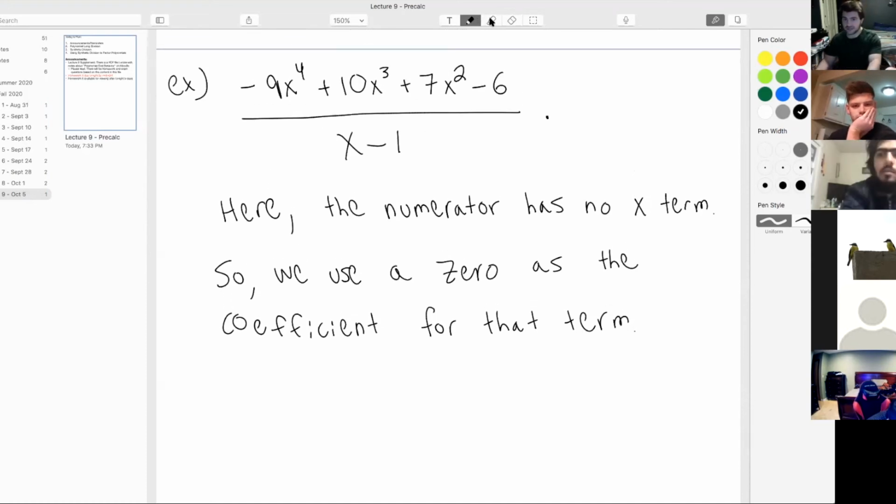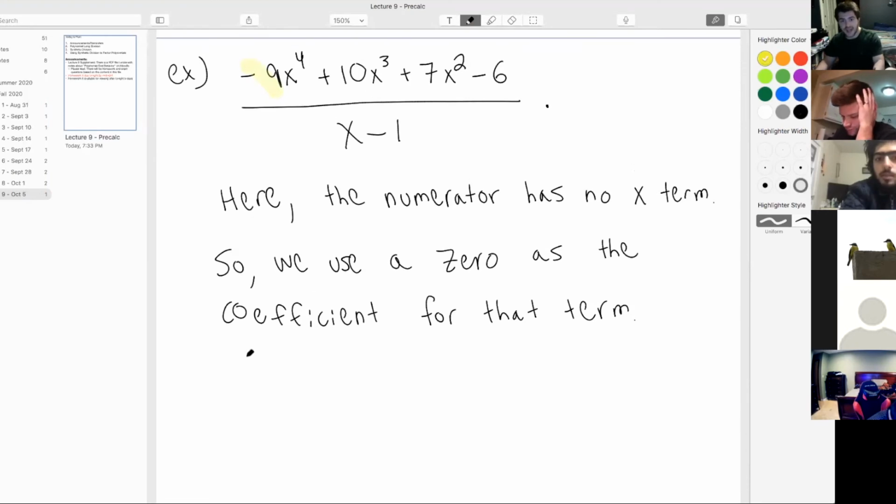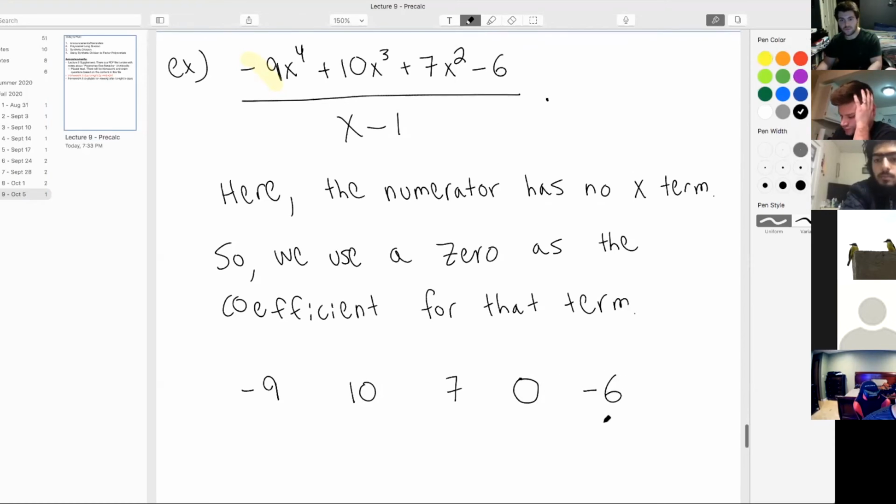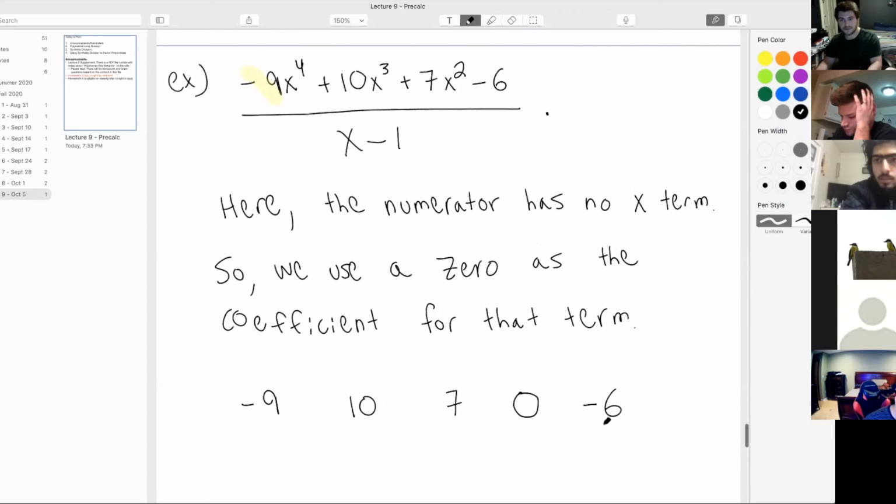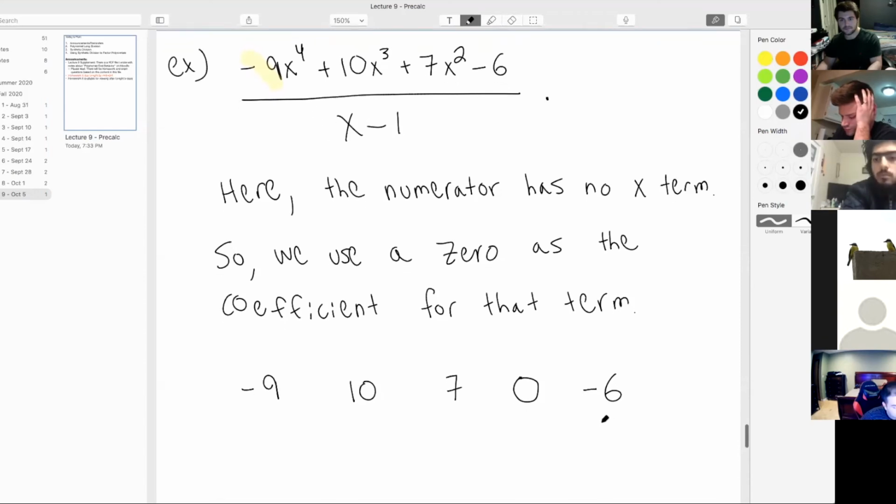All right, so here we go. So we just set up this thing again. We have to read off our coefficients. So we have -9, 10, 7, 0, and -6. So hope everyone sees what's going on.